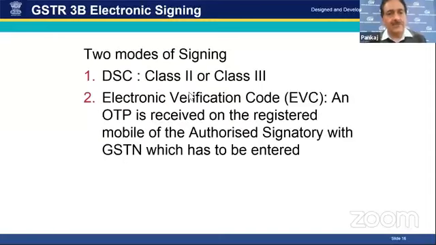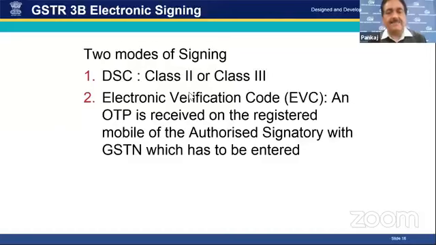So basically there are two modes of signing. One is DSC, which is of class 2 or 3, which is mandatory to be affixed while filing in case of companies and LLPs. For other classes, it is optional to file return through DSC.